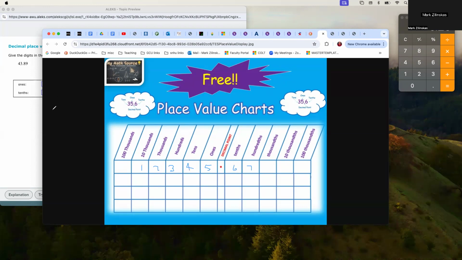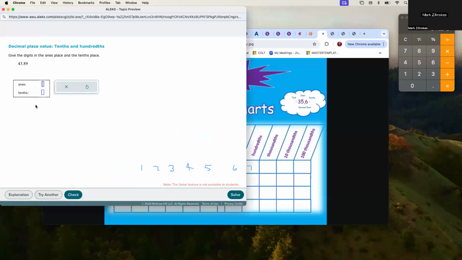And again, you could go ahead and do that over here. I'm just going to click this solve button here, and I'll clear my drawing also. But you can see that the ones place is the three, and the tenths is going to be the eight. And so again, fairly straightforward question there that you're going to be asked about decimal places or place value.